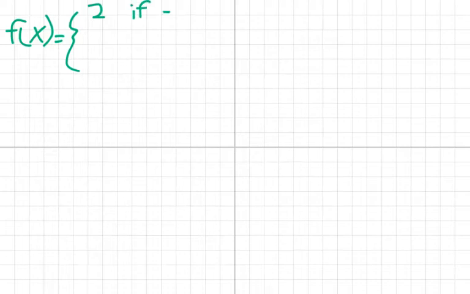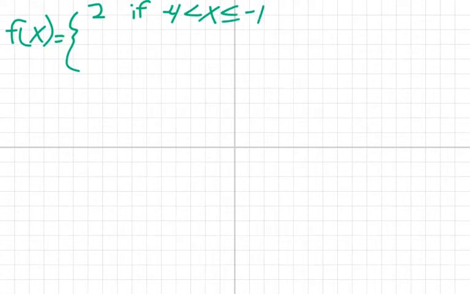So for this one, let's do f of x equals 2 if negative 4 is less than x is less than or equal to negative 1.